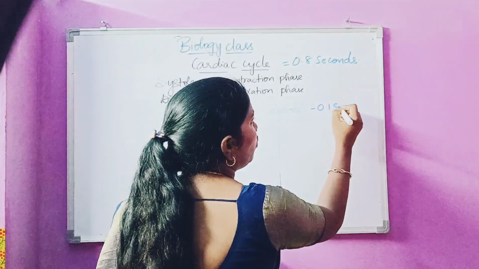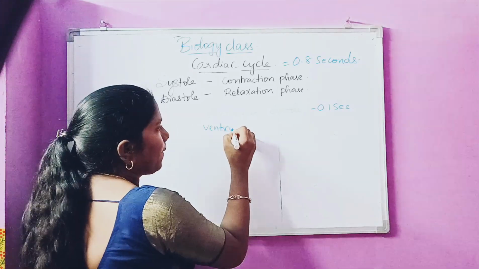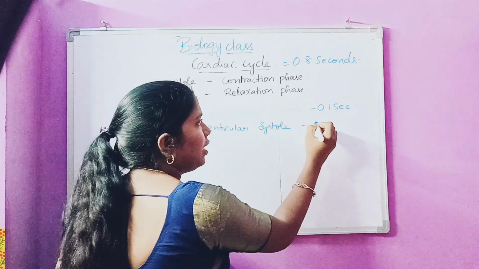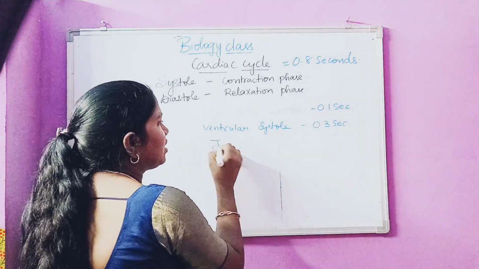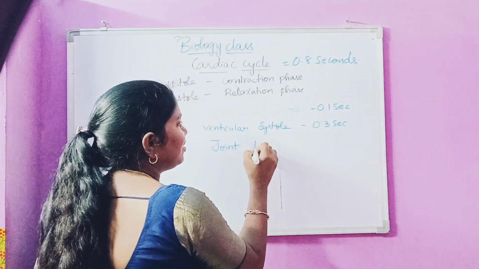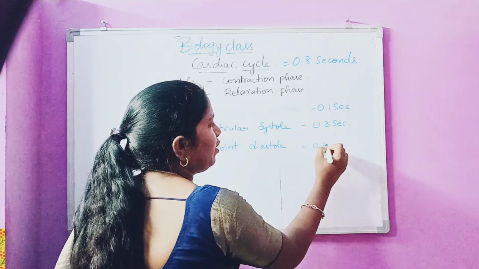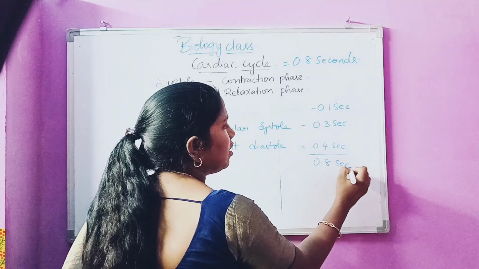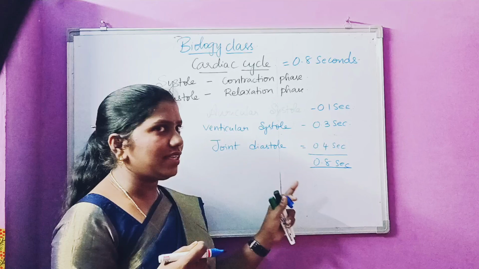Ventricular systole is 0.3 seconds. And joint diastole is 0.4 seconds. So totally 0.8 seconds. The cardiac cycle lasts for 0.8 seconds.